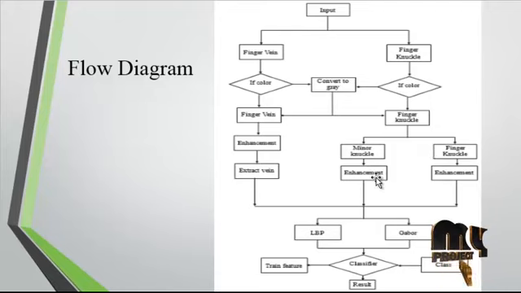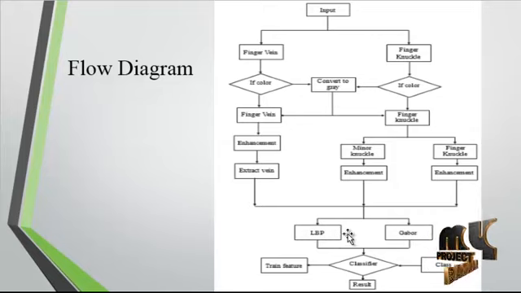Then we have to enhance both the minor and major knuckle patterns. After enhancing both, feature extraction is carried out for both regions. The first one is the LBP feature extraction, known as local binary patterns. That feature is extracted from both the minor and major knuckle patterns.